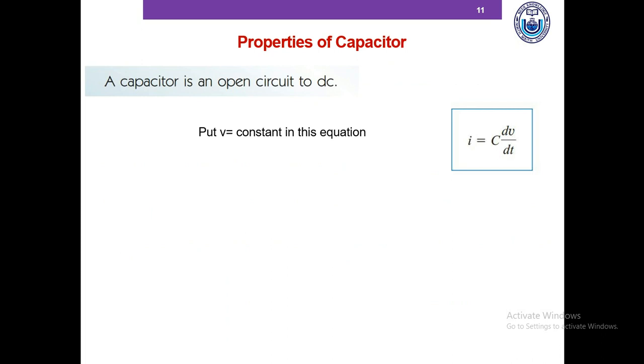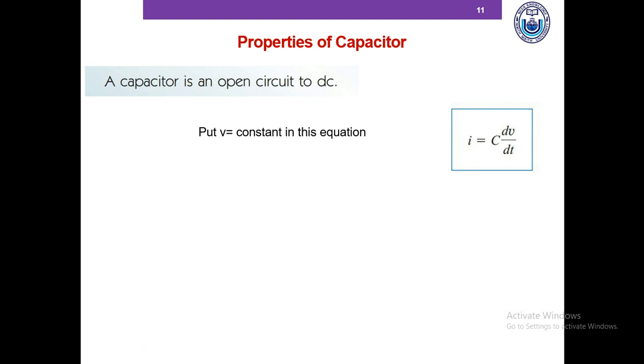Okay, so we're now going to analyze the equation i equals C dv/dt and determine some important corollaries from that equation. The first one is that if the voltage is constant, differentiating a constant gives 0, which means the current is also 0.